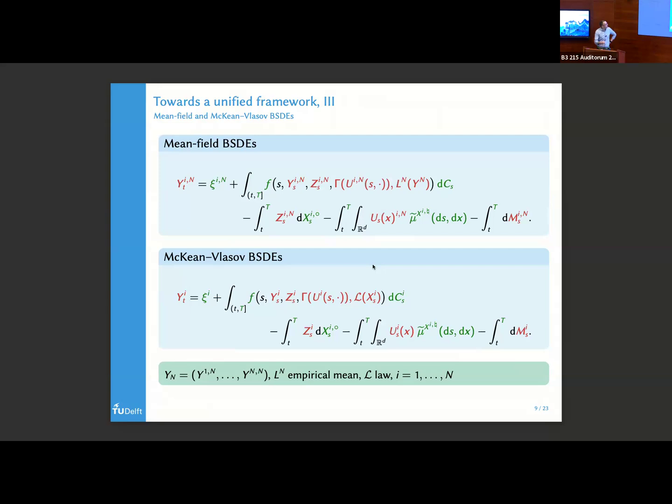But thankfully, using results from the immersion of filtrations, you can show that the solution of this BSDE remains a solution in the filtration where this is well defined. So then you can do calculus basically on the same space. And if you can do calculus on the same space, then the a priori estimates of the BSDEs become handy.